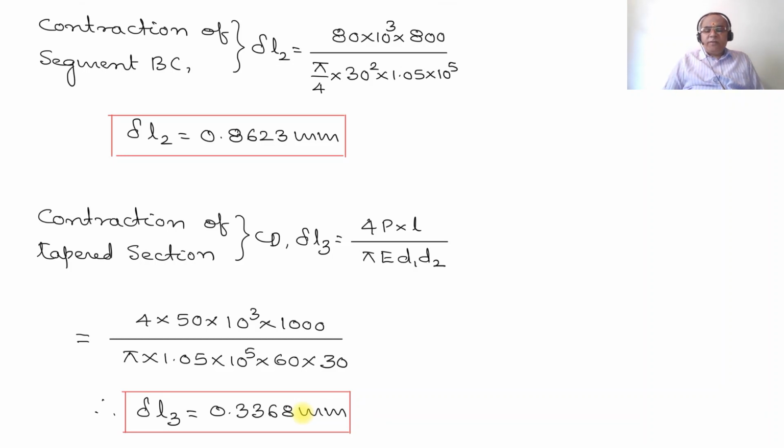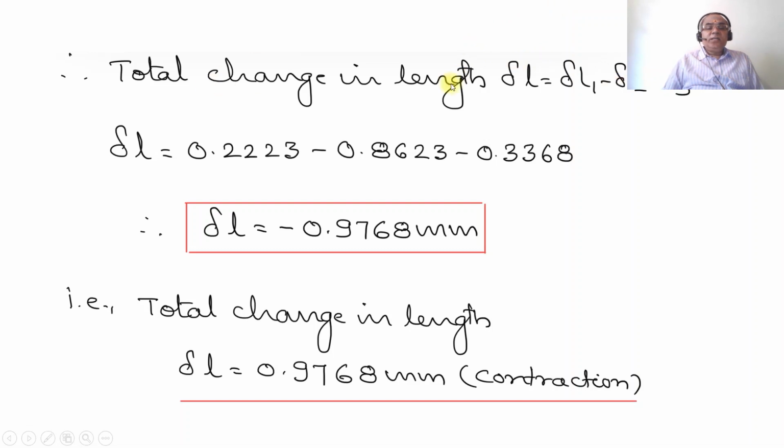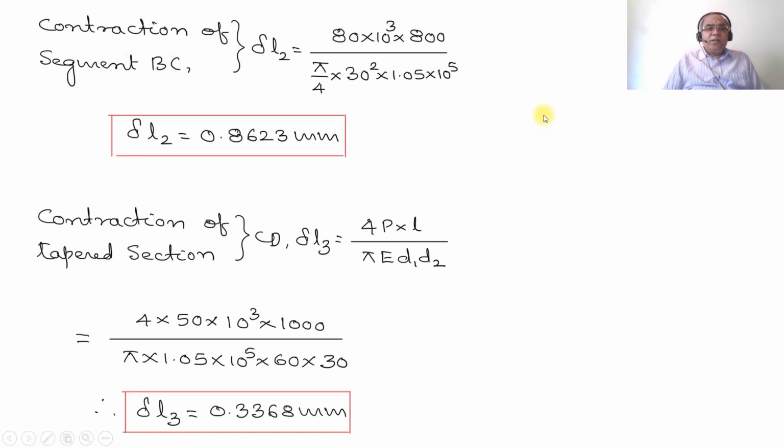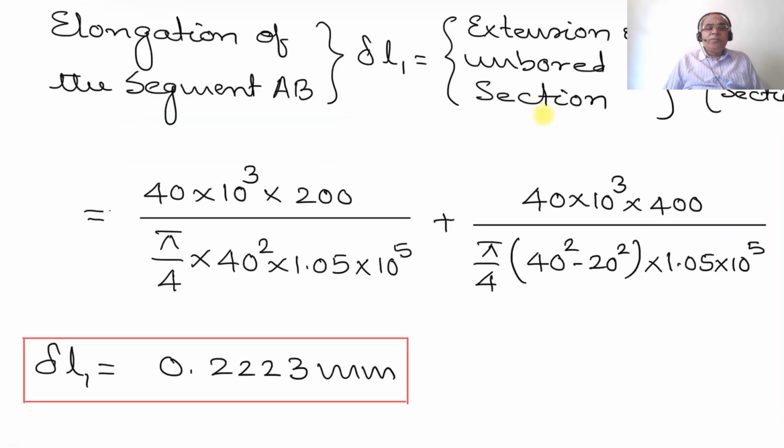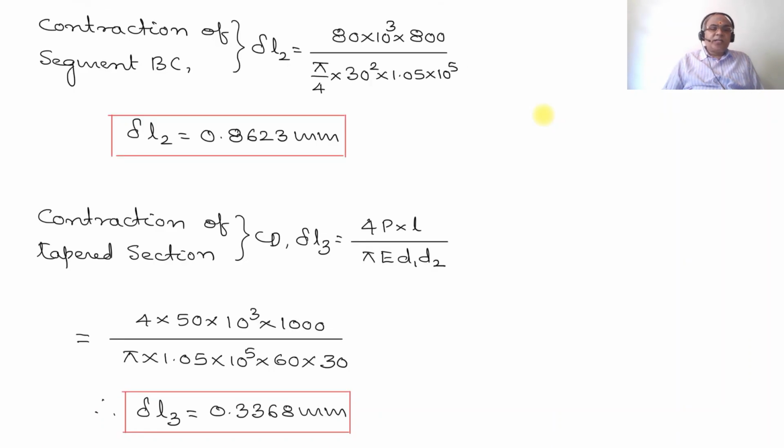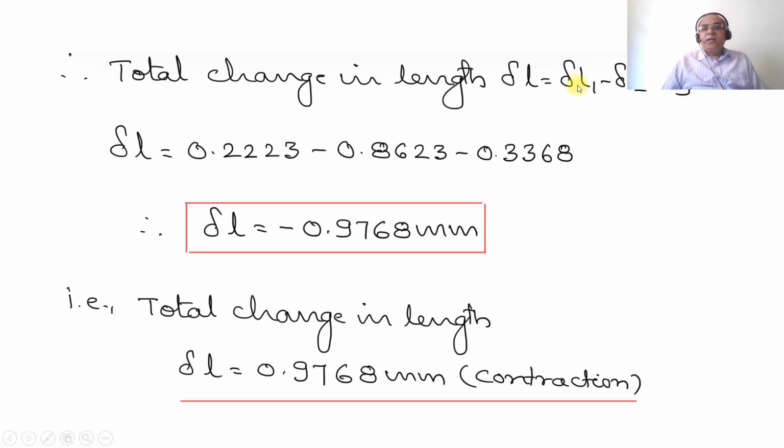So delta L will be equal to delta L1 plus delta L2 plus delta L3. Here delta L1 is in tension, so it is positive, and delta L2 is contraction, so it is negative, and delta L3 is also contraction, so it is negative. Therefore, delta L will be equal to delta L1 minus delta L2 minus delta L3.